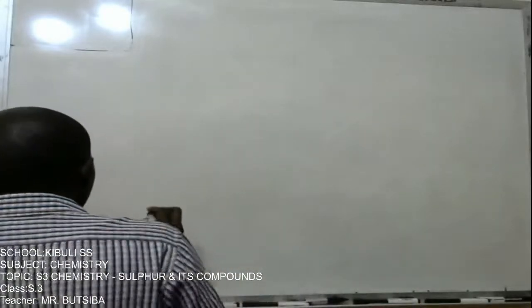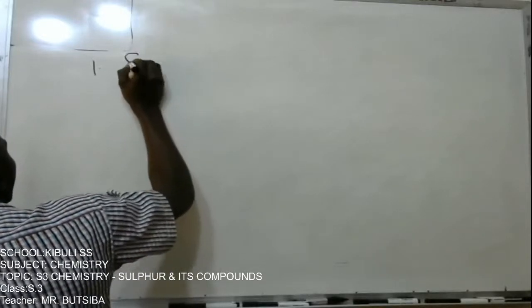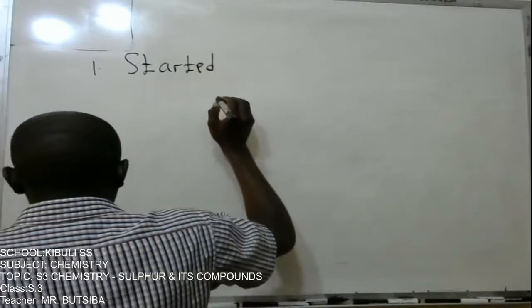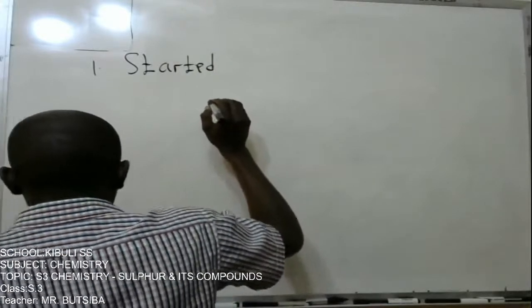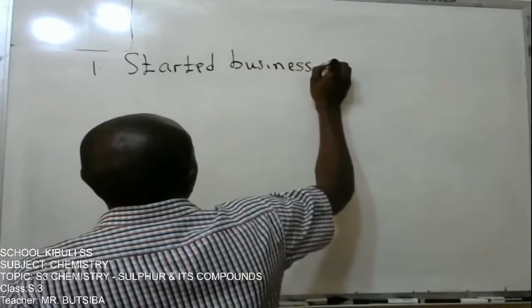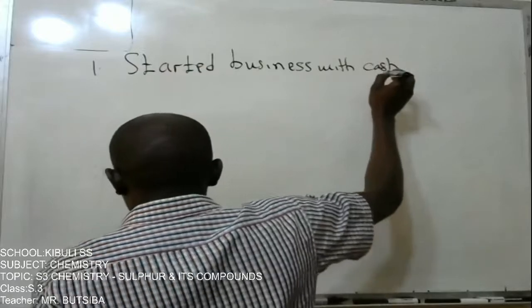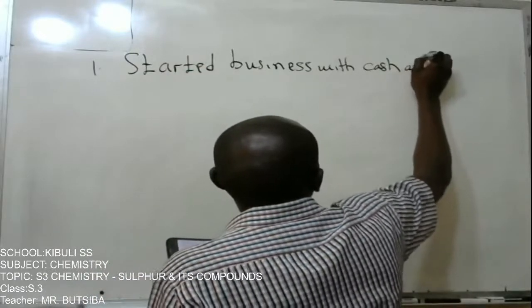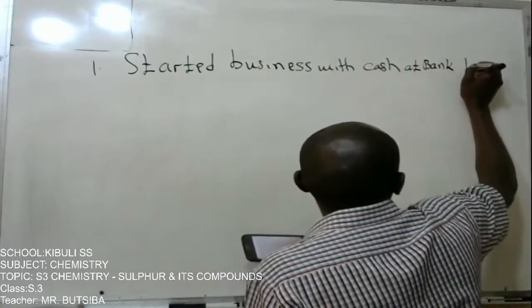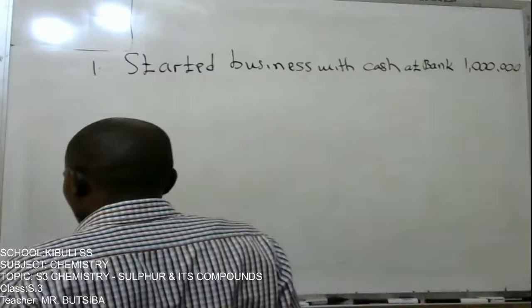So the first transaction says on 1st, started business with cash at bank, 1 million.